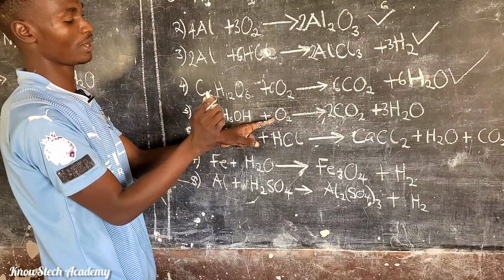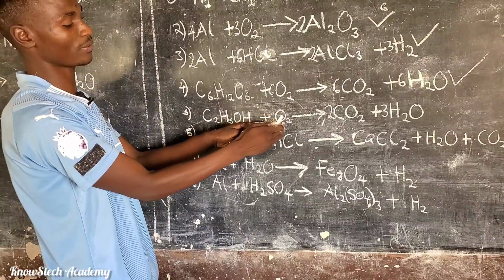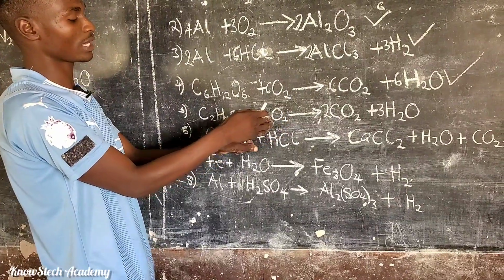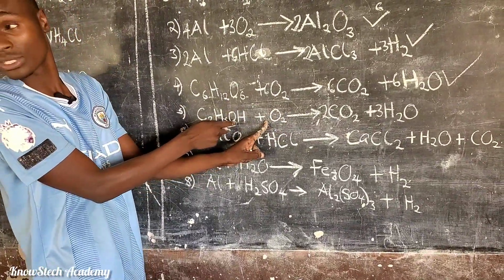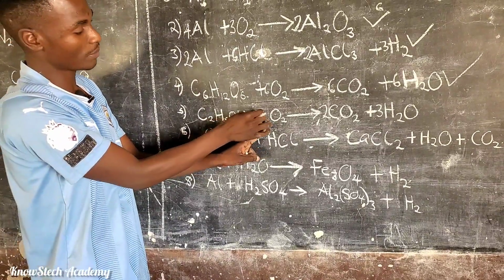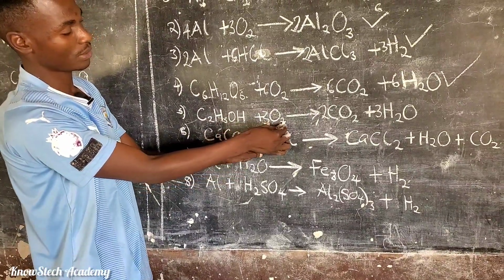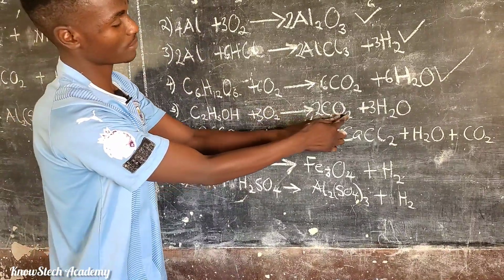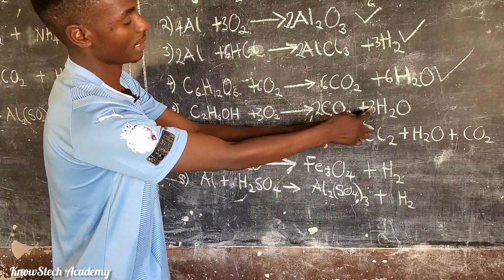So what number can we put in front of the oxygen? Remember, this oxygen is independent, so that when we add it to 1, it becomes 7 as well. 3. If we put 3 here, 3 times 2, 6 plus 1, 7.